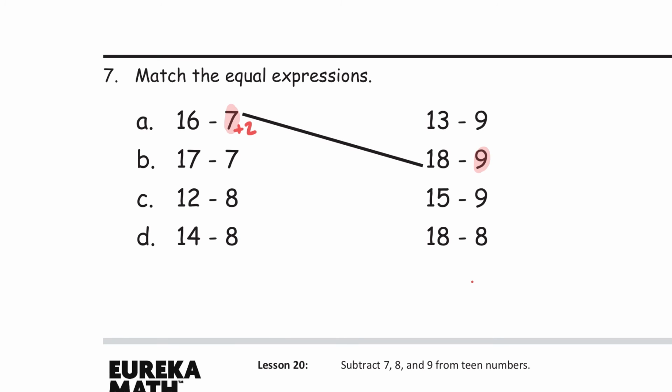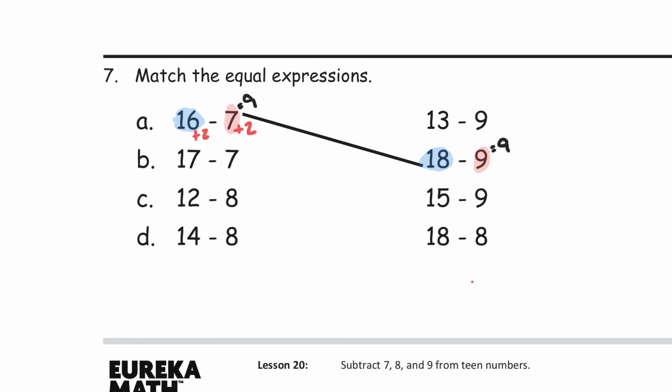So we had 16, and then we went up to 18. How many did we add on to 16 to make it go up to 18? Yeah, 2 again. So let's write that down there, plus 2. So if we add 2 onto each side, it's going to be the same answer, because 16 minus 7 is 9. So let me write that right there, equals 9. And 18 minus 9 equals 9.